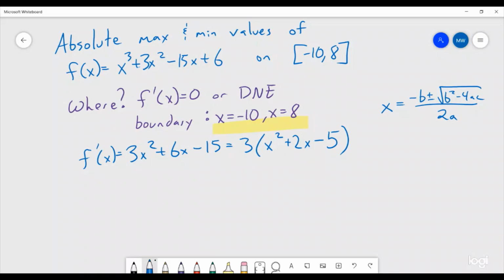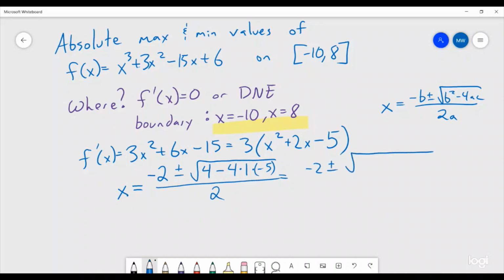So if we use that, this will happen at x equals opposite b, which gives us a -2, plus or minus the square root of b squared. So 2 squared is 4, minus 4 times 1 times -5, all over 2a. So this is -2 plus or minus the square root of 4 plus 20, so the square root of 24, all over 2.